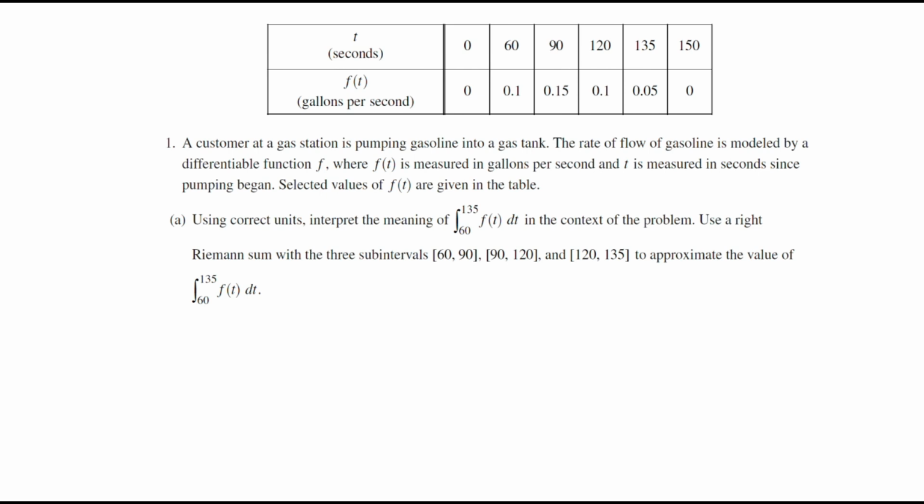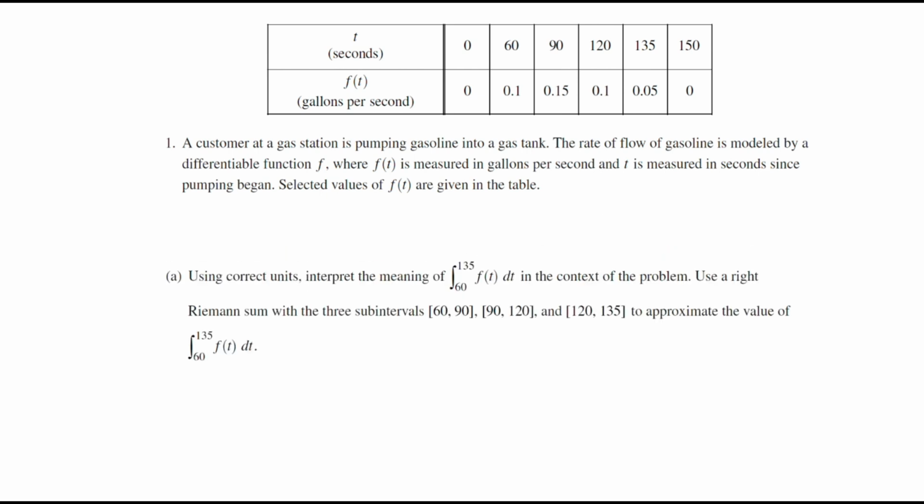And so they're telling us that the rate of flow of the gasoline is measured by f of t, which is gallons per second. And what they first want us to do is just using correct units, interpret what the meaning of the integral from 60 to 135 of f of t dt is in the context of the problem.